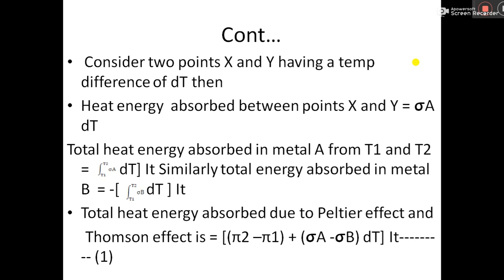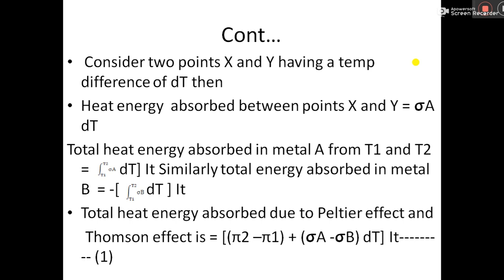To know this, consider two points x and y having the temperature difference of dt in the same circuit diagram. The heat energy absorbed between the points x and y is sigma A into dt.